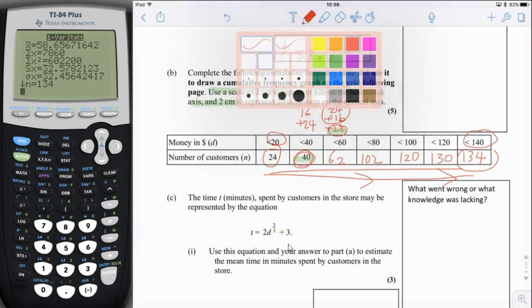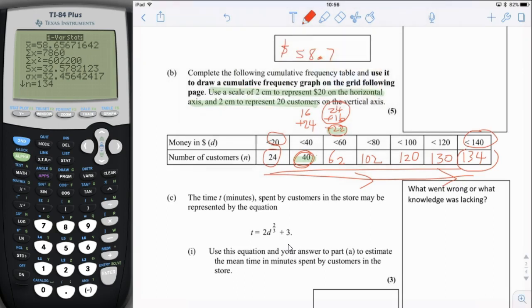And so what we're going to do is take the average, or the mean found before, 58.7. Since this is a dollar amount, we could put something a little bit more precise. We could put .66, because usually IB wants you to keep cents for the financial amounts. So we're going to put 58.66 into this equation and see what we get out for t. So let's see.